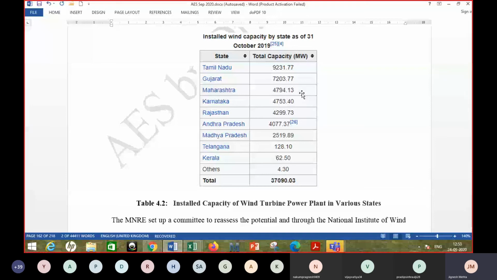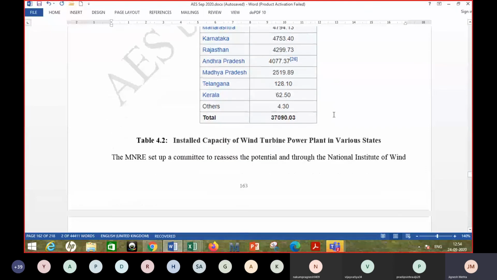Maharashtra is at 4.8 gigawatt, Karnataka very close to that, Rajasthan at 4.3, Andhra Pradesh also close at around 4 gigawatt. Madhya Pradesh may be considered at 2.5, but the other states are much lower. So mainly these are the states contributing to wind power generation in India.